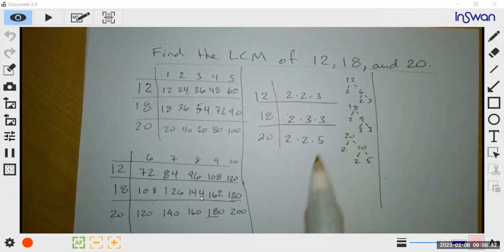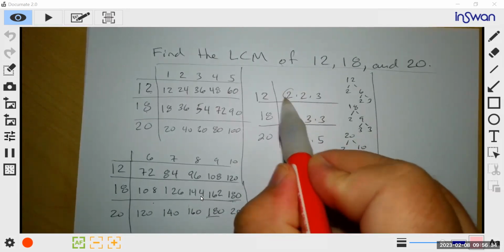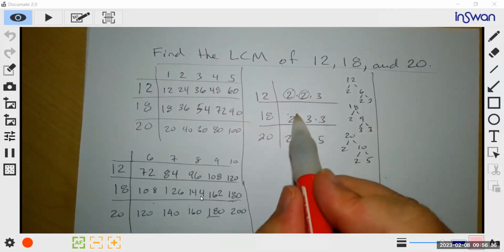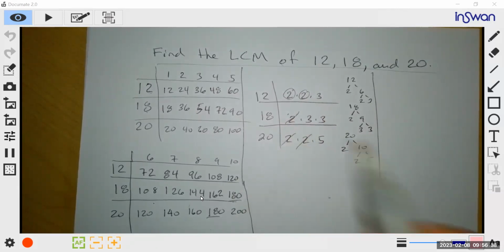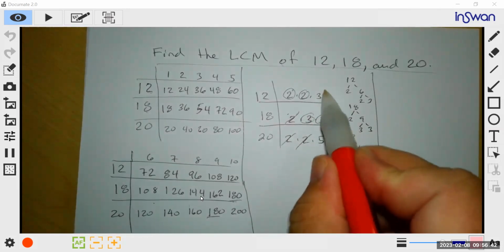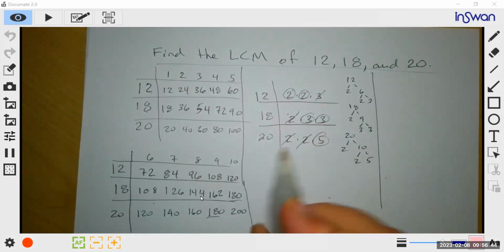All right, so let's look at these things. We have 2 2s that take care of those. We have 2 3s, so that one's taken care of. And we have a 5.